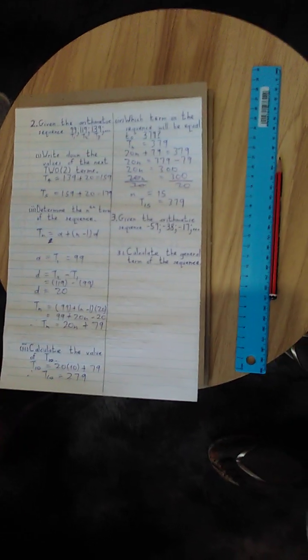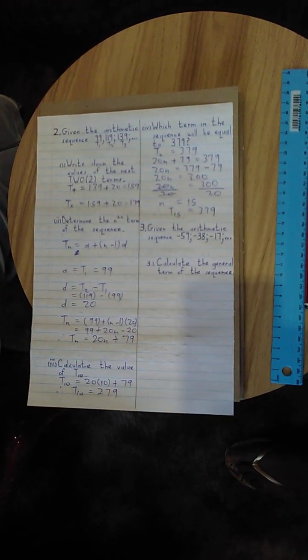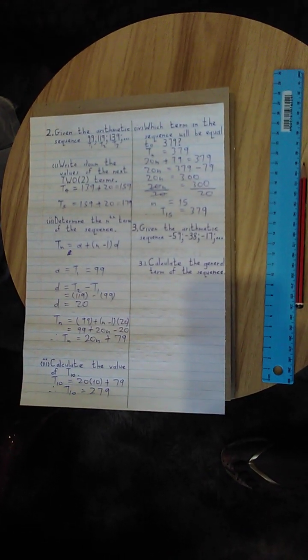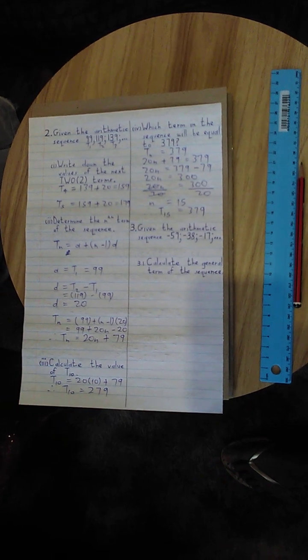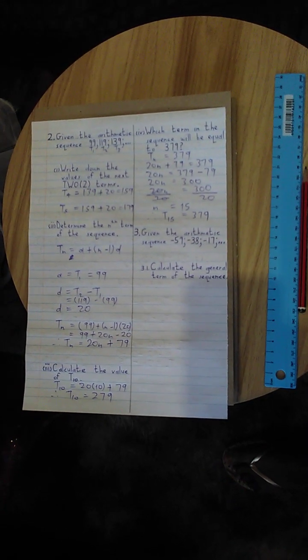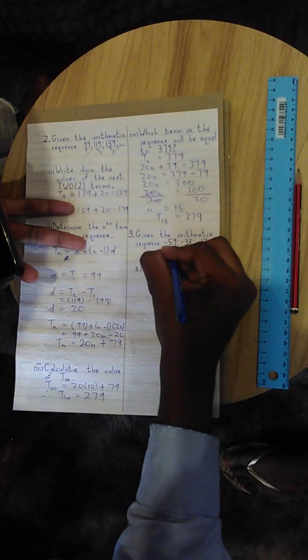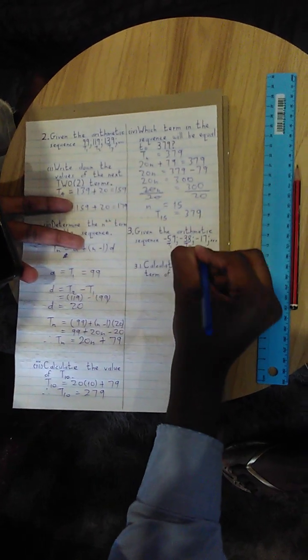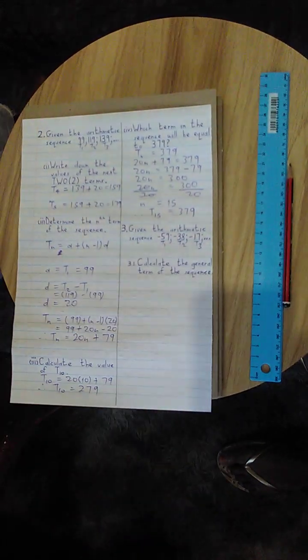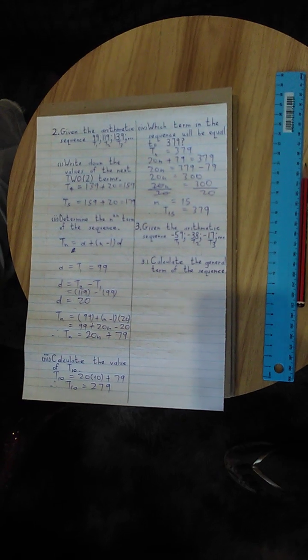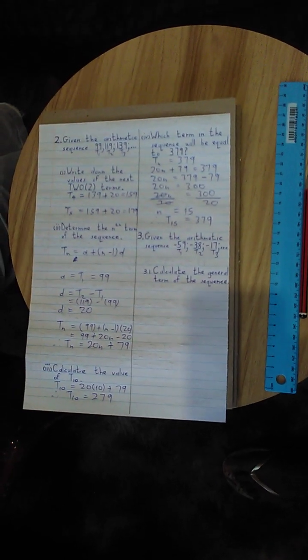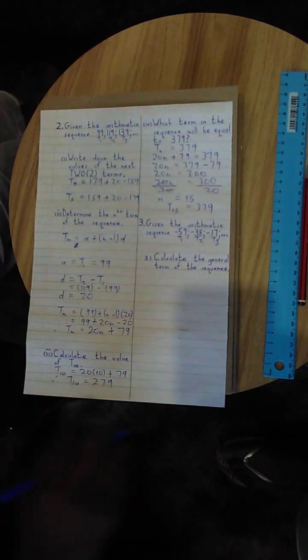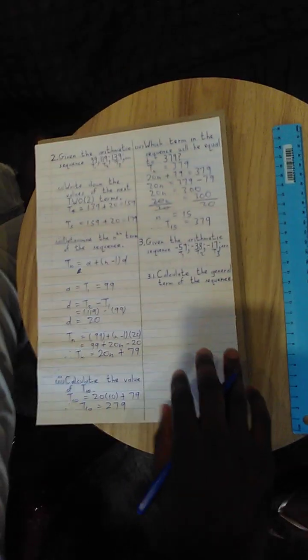Number 3 states, given the arithmetic sequence, negative 59 followed by negative 38 followed by negative 17 and then others afterwards. So as usual, T1, T2, T3. 3.1 asks, calculate the general term of the sequence. So as usual, you write your formula.